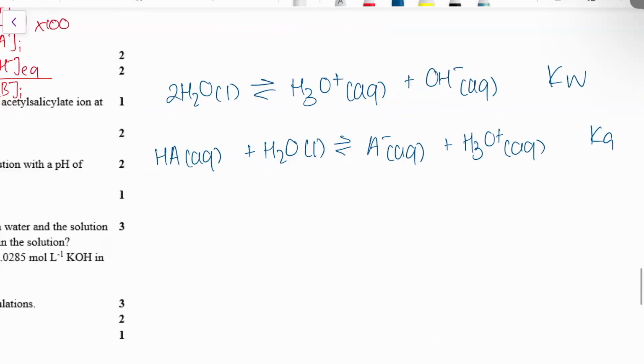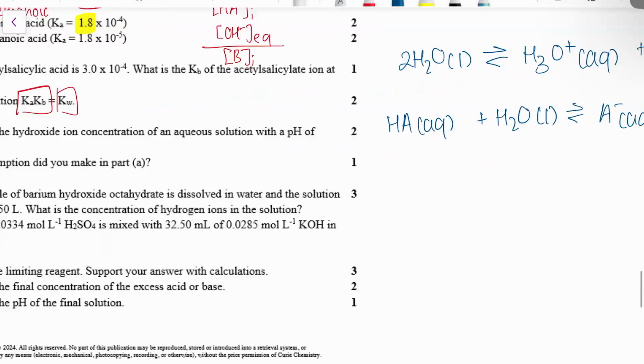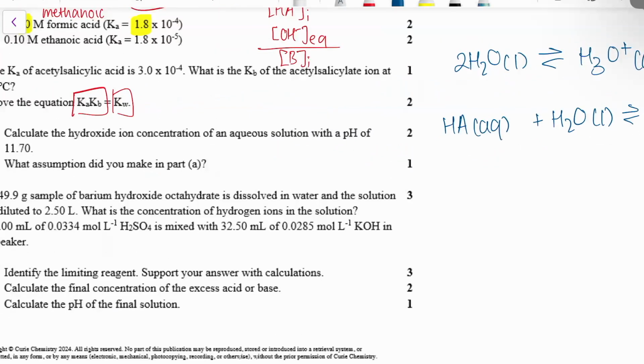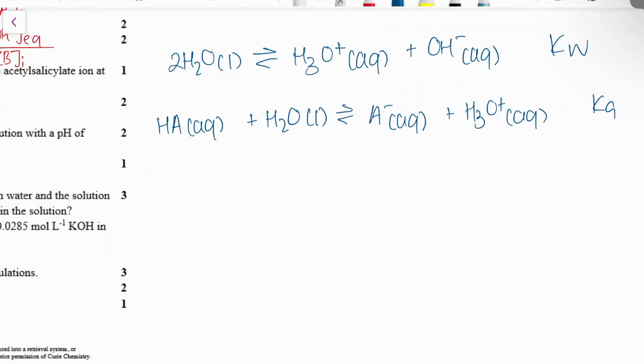Now Ka and Kb is for conjugate acids and bases. Normally when you're writing your dissociation equations, we do HA for the acid and B for the base. We can't do that in this case because then it looks like you have two completely different chemicals. Ka and Kb only work for conjugate acid-base pairs. So if this is the acid, when I write my Kb equation, I take its conjugate base as my base.